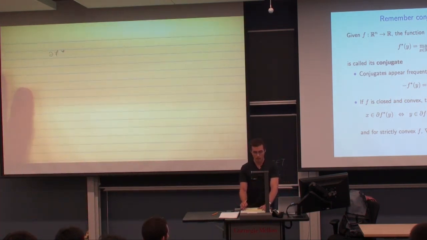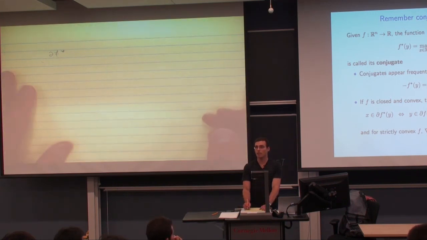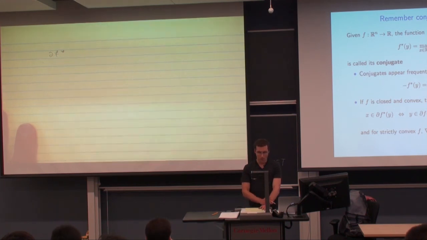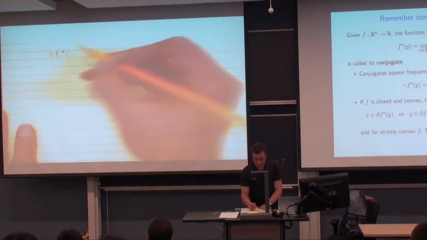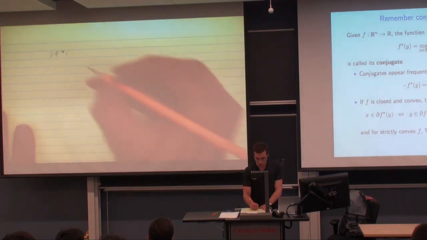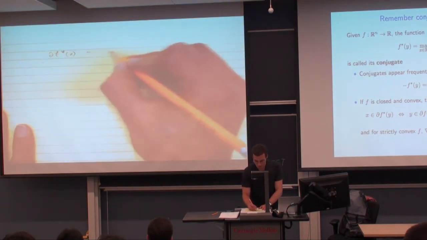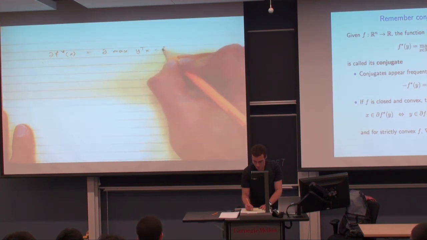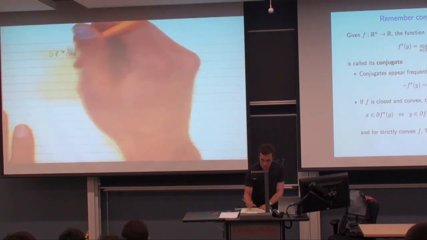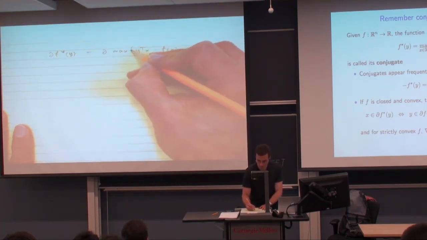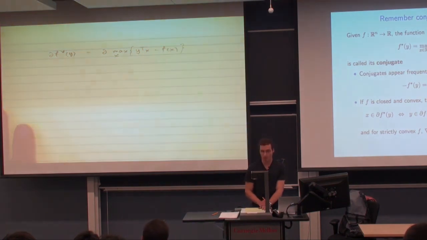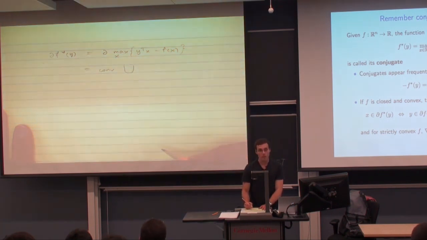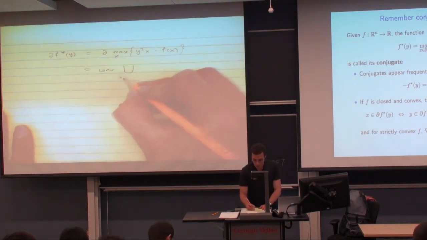So, we learned that when we take subgradients of maxima, if those functions are nice, if they obey some properties, and they happen to be satisfied in this case, then we can write the subgradient of, say, the maximum of all these functions as the convex hull of the union of all points at which the maximum is achieved.